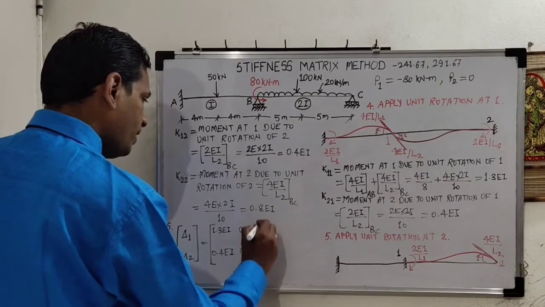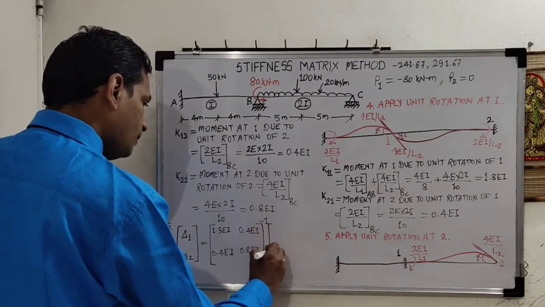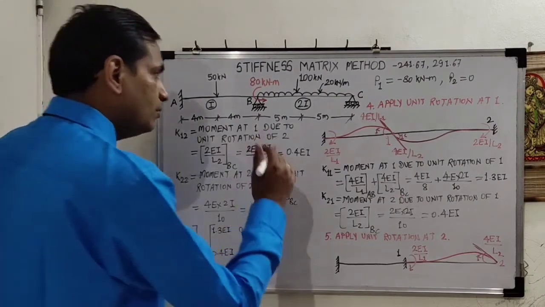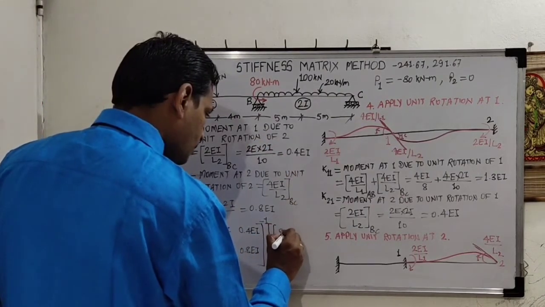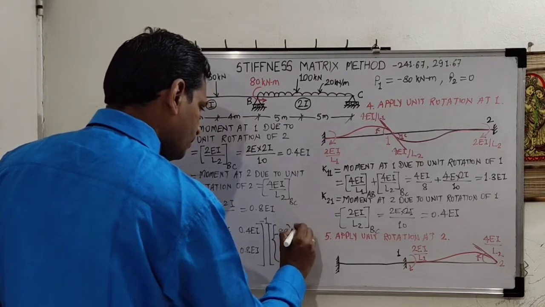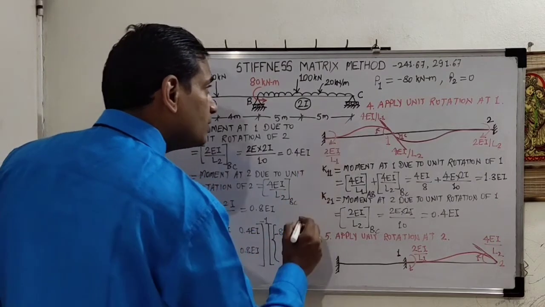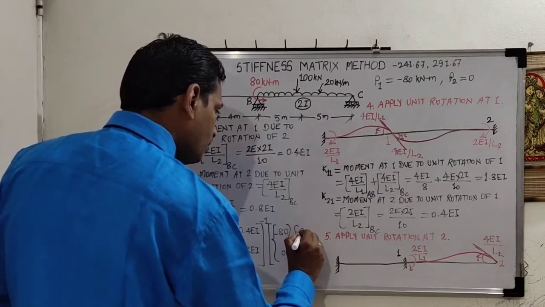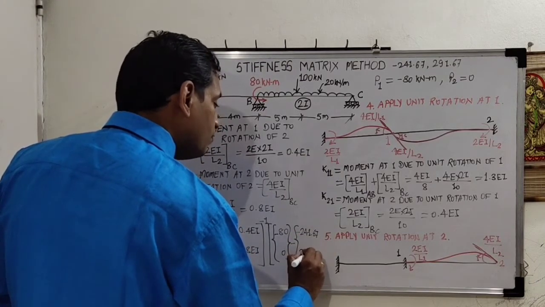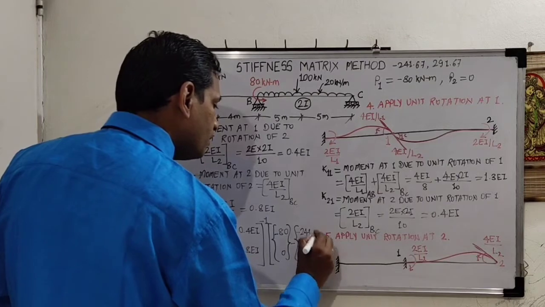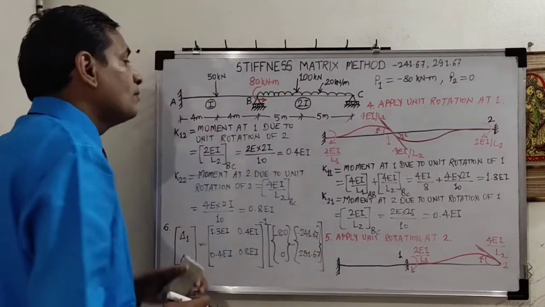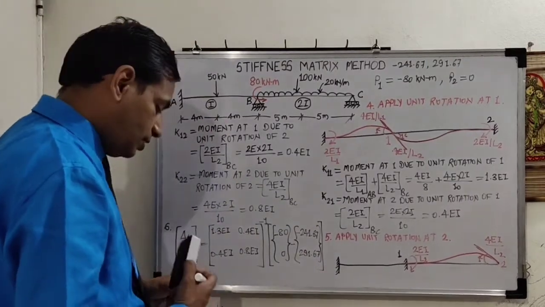So inverse of this 2 by 2 matrix, into P1 P2 minus 80 and 0, and then PL1 and PL2. PL1 is minus 241.67, PL2 plus 291.67. So let us now solve this 2 by 2 matrix.